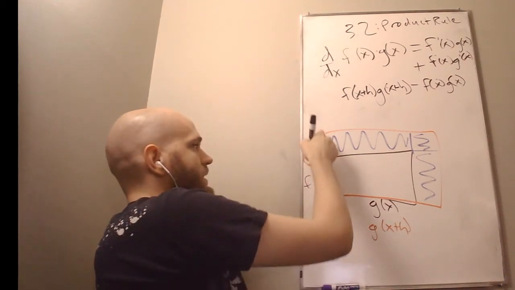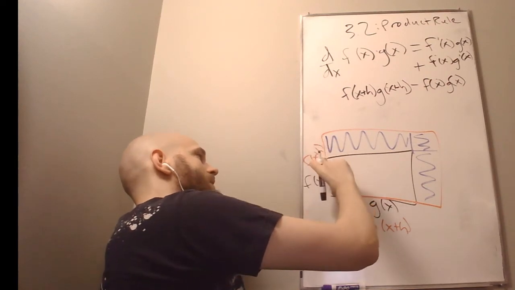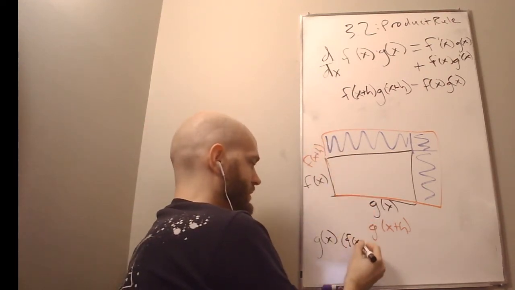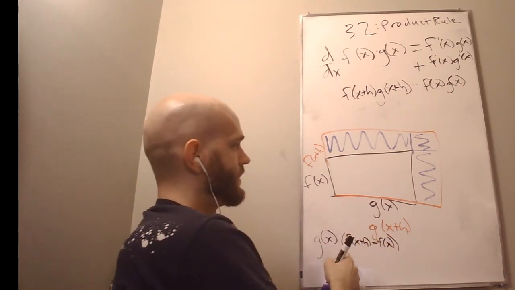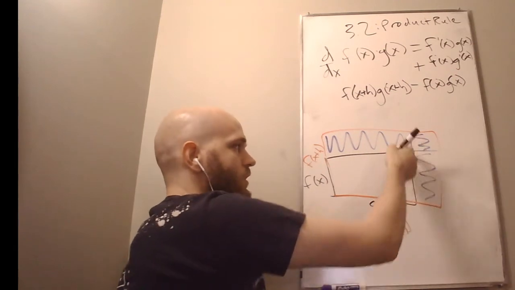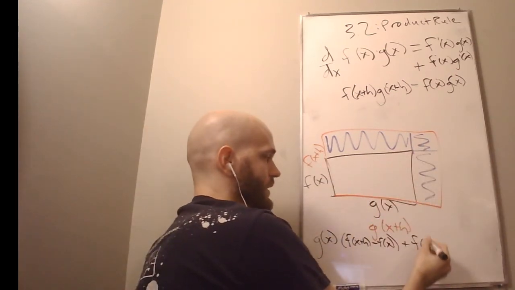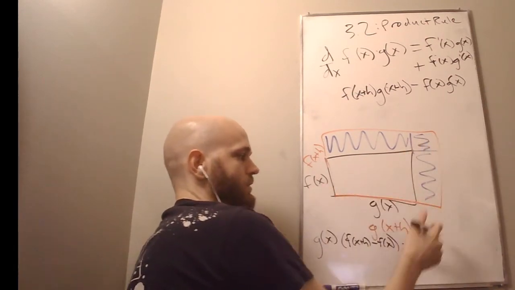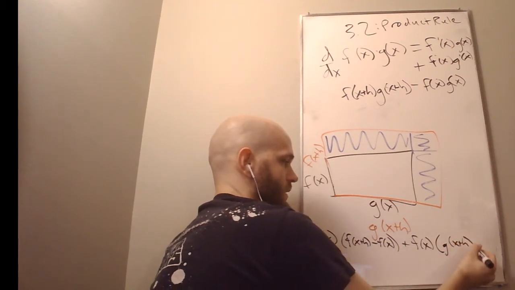And then the height here is the difference between this long red side and the short black side, so that'll be f of x plus h minus f of x. This tall blue side over here has height f of x, and then the width is the difference between the long red side and the shorter black side, g of x plus h minus g of x.